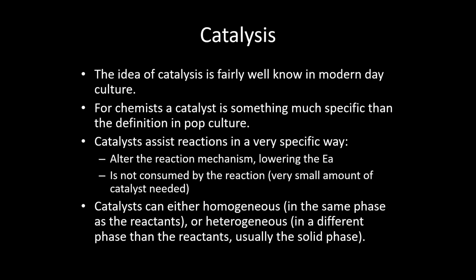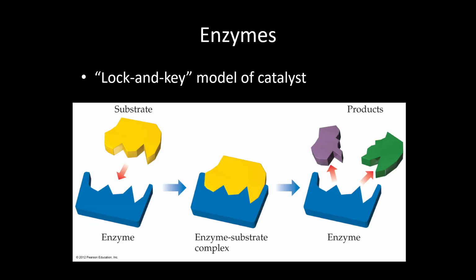They don't actually get used up, and only things that are consumed or produced show up in the balanced chemical equation. So catalysts provide an alternate pathway with a lower energy of activation, and they're not consumed. That is the main thing I'm looking for there, just a brief explanation.